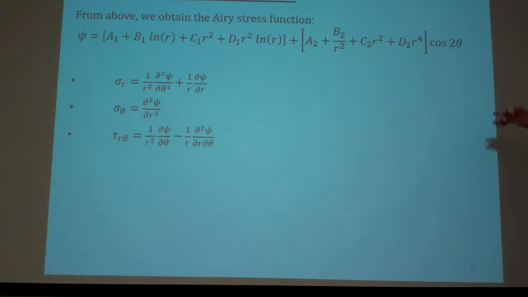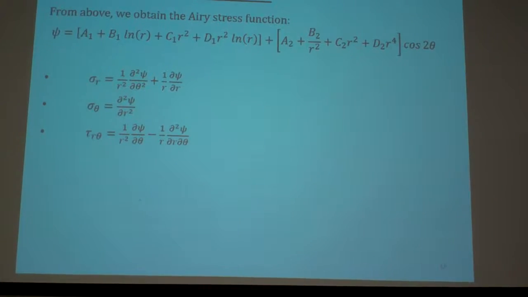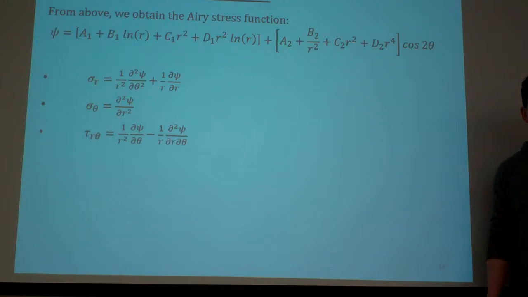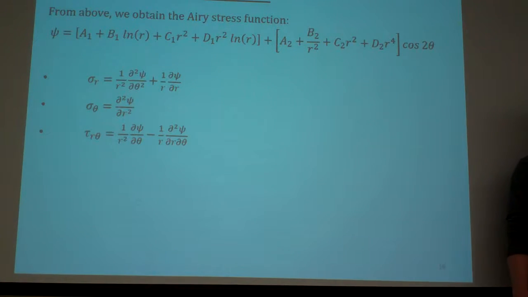Once we found this one, we accomplished the first milestone. This is always the hardest part: guess a good Airy function, and then go through the fourth order differential equation to solve for the general solution. Once this is done, the remaining will be very straightforward.